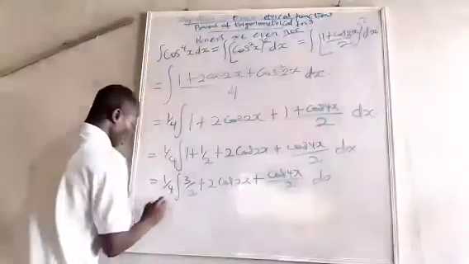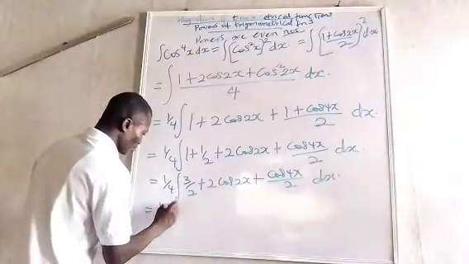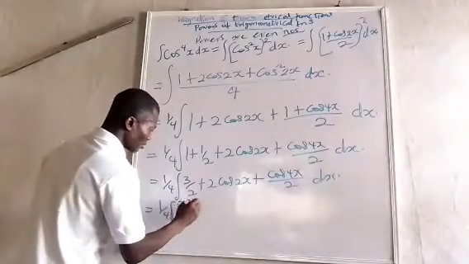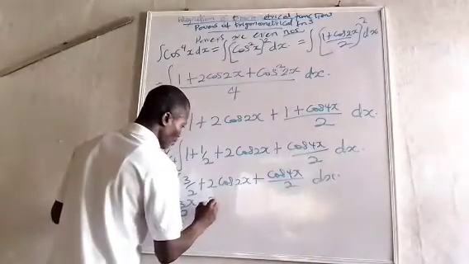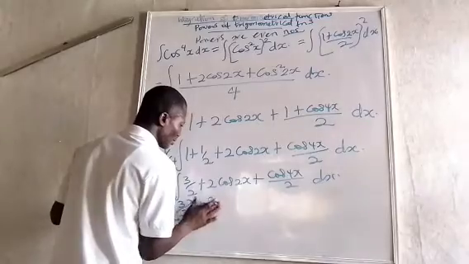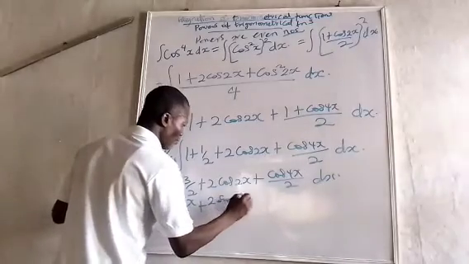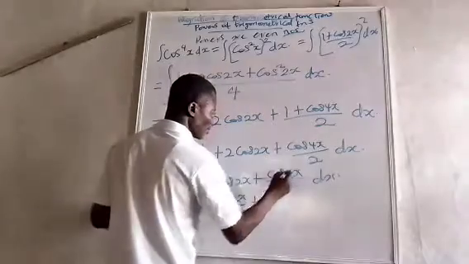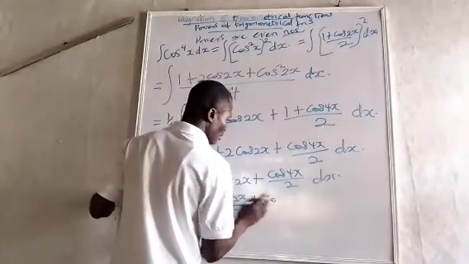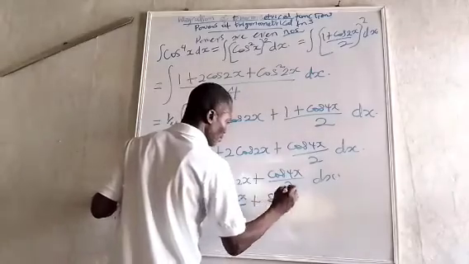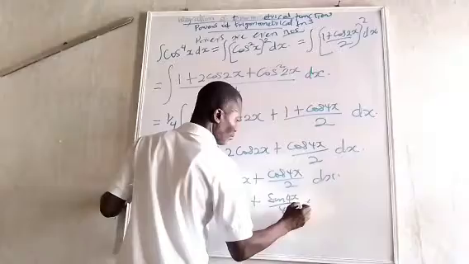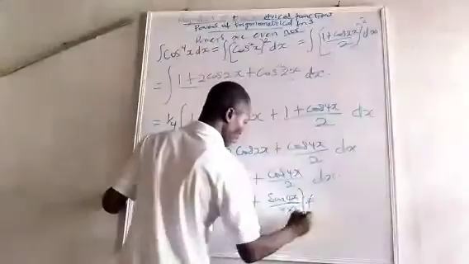Now let's do the integration proper. So it's going to give me 3 over 2 x plus 2 sine 2x over 2, plus sine 4x over 4 times 2, plus c.